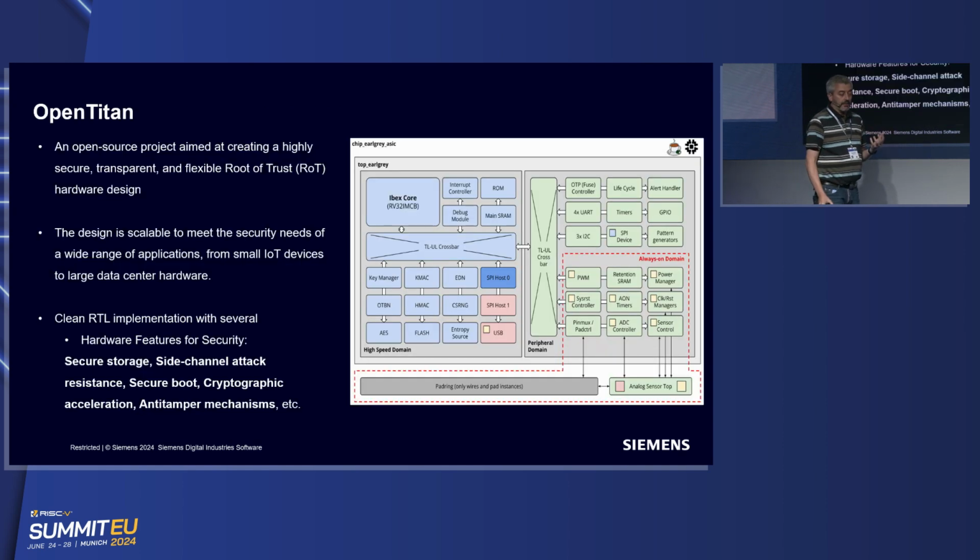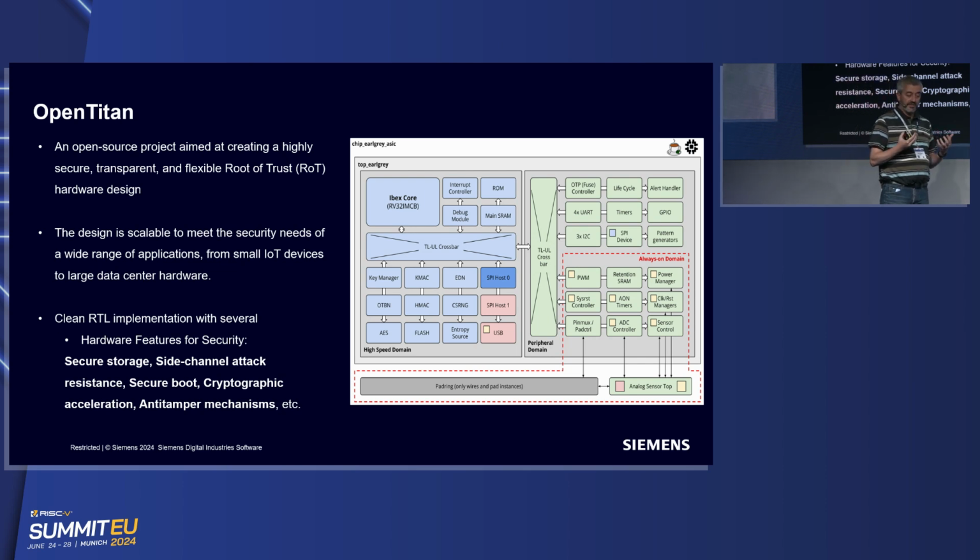So the design we are going to use for showcasing the results is OpenTitan. I'm pretty sure you have heard of this in other presentations, saw it on some of the slides and some of the booths over there. It's an open source project focusing on creating a root of trust.